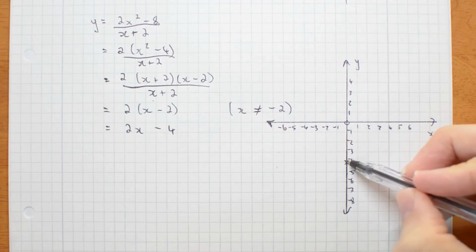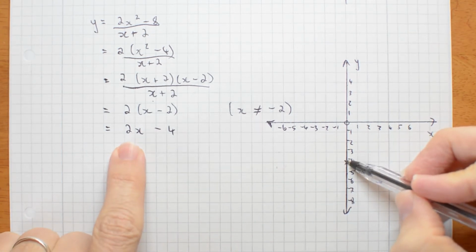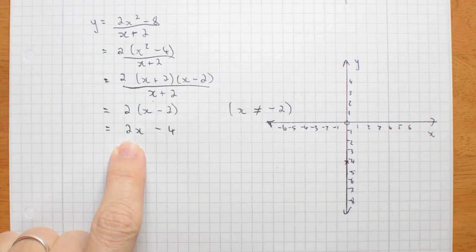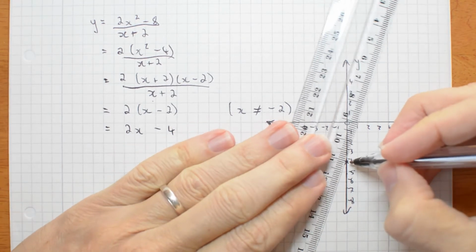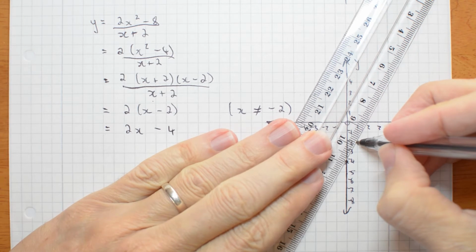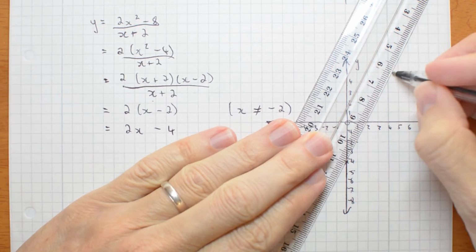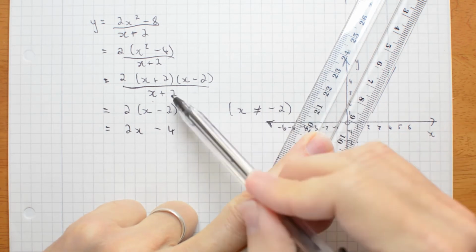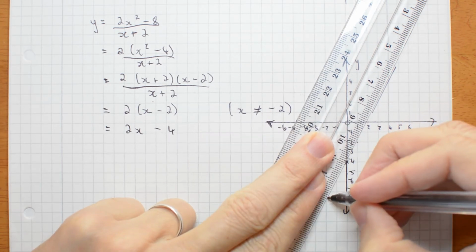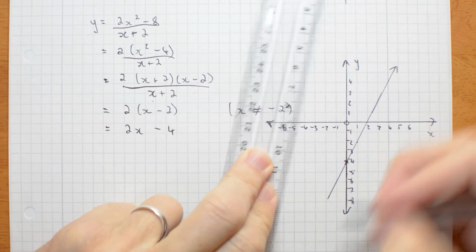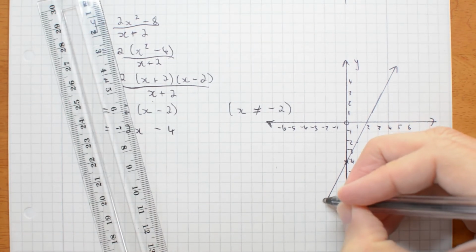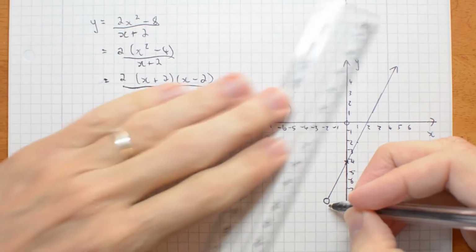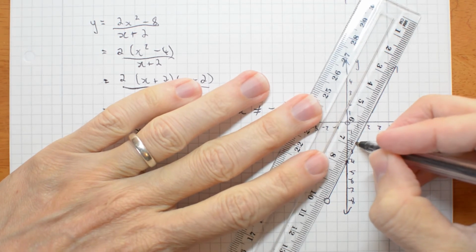So it's going to cross there, and its gradient is 2. So that means it's going to go up 2 for every 1 across. But it's not defined when x is negative 2. So it goes like this. There's a point here where it's not defined, but apart from that, we keep going.